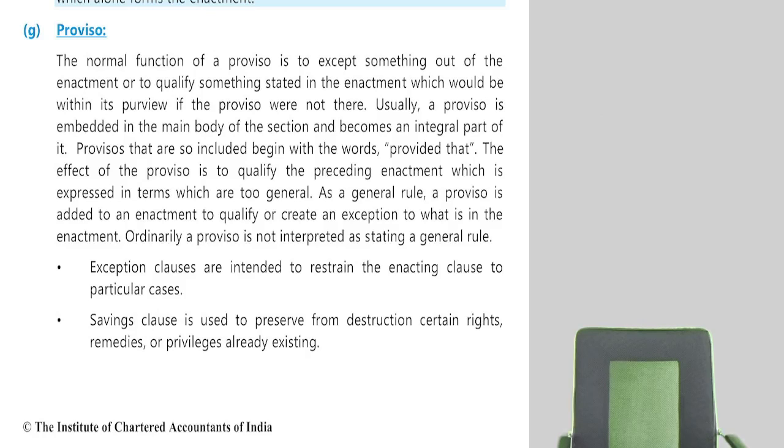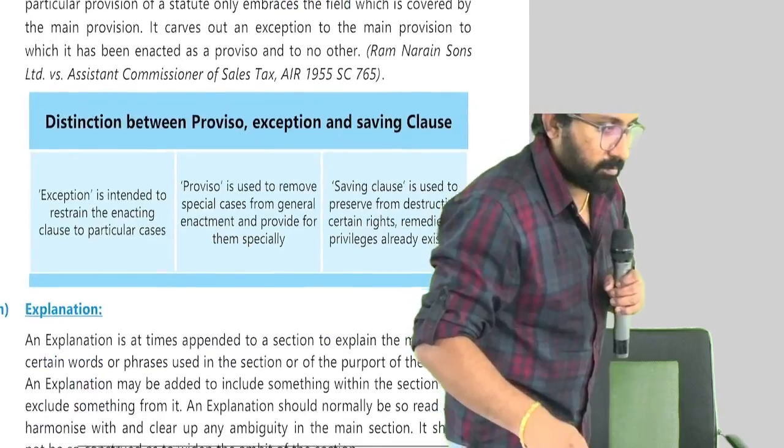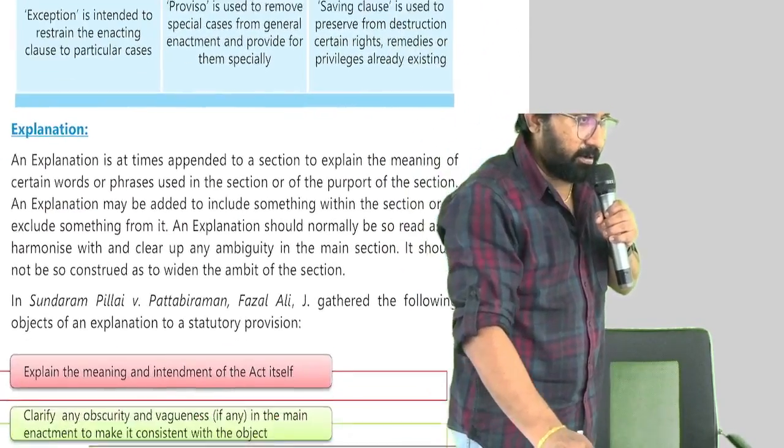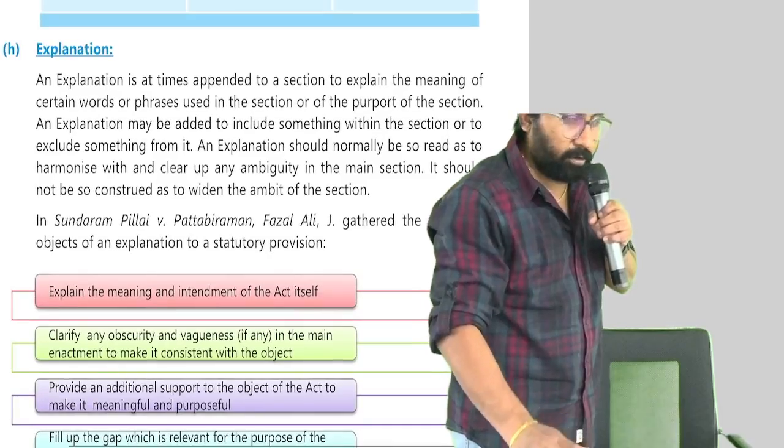Last point: in general, a proviso is used to qualify or create an exception to what is there in the enactment. Okay? That's the main point.